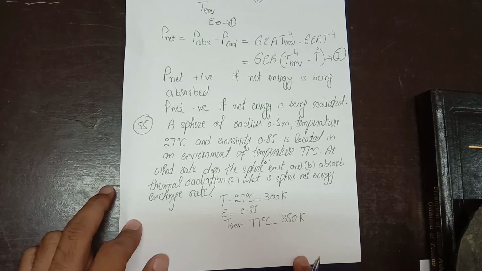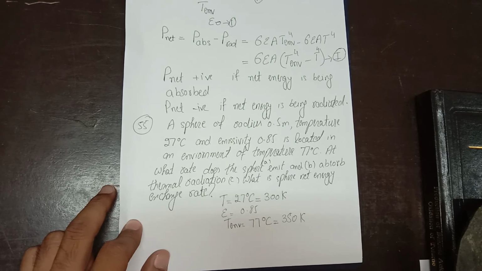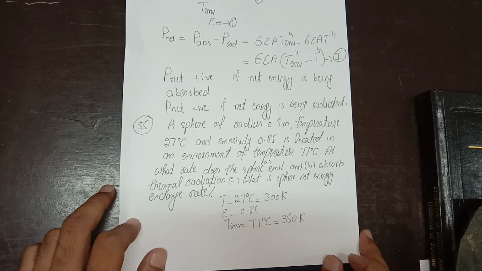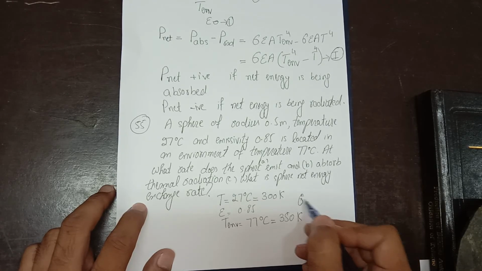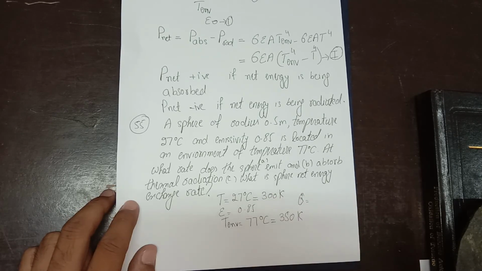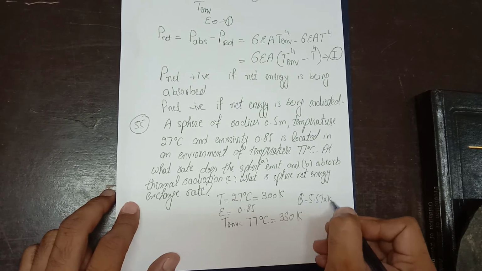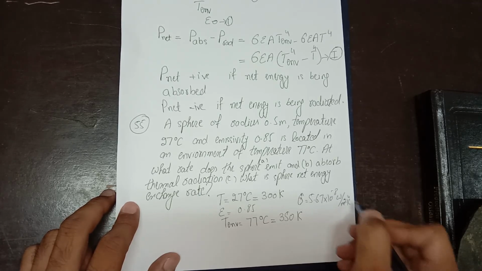Now using equations G, H and I, I can find out the radiation rate, absorption rate and net radiation rate, right? And the Stefan-Boltzmann constant sigma is given by 5.67 into 10 raised to power minus 8 watt per meter square per Kelvin 4.